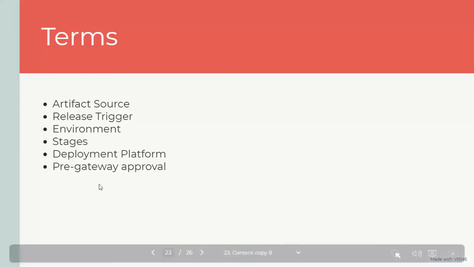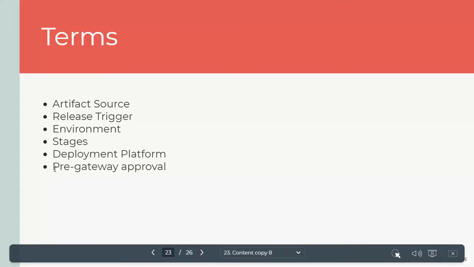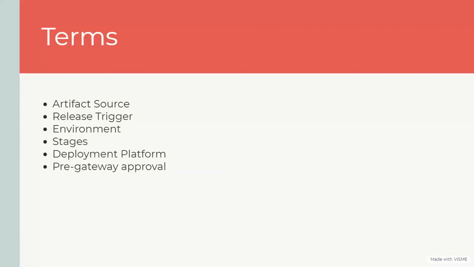So the pre-gateway approval is the feature provided within Azure DevOps, but at the enterprise level we need to understand how change management and ServiceNow work, and see how we can integrate with Azure DevOps, if there is any chance.